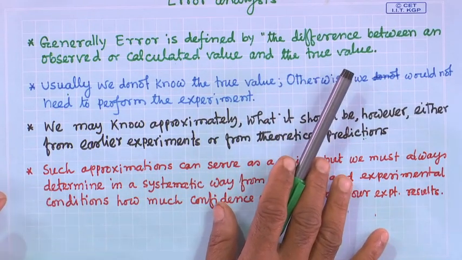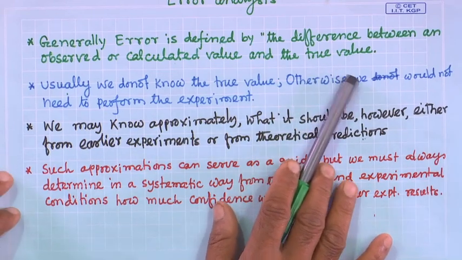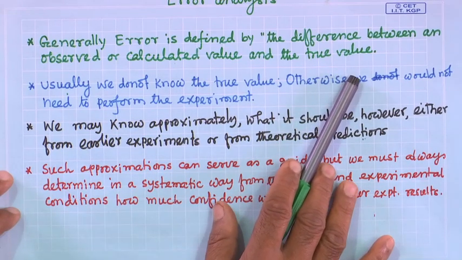Some standard values are available, and for the same parameter we do the experiment and find the parameter value experimentally.